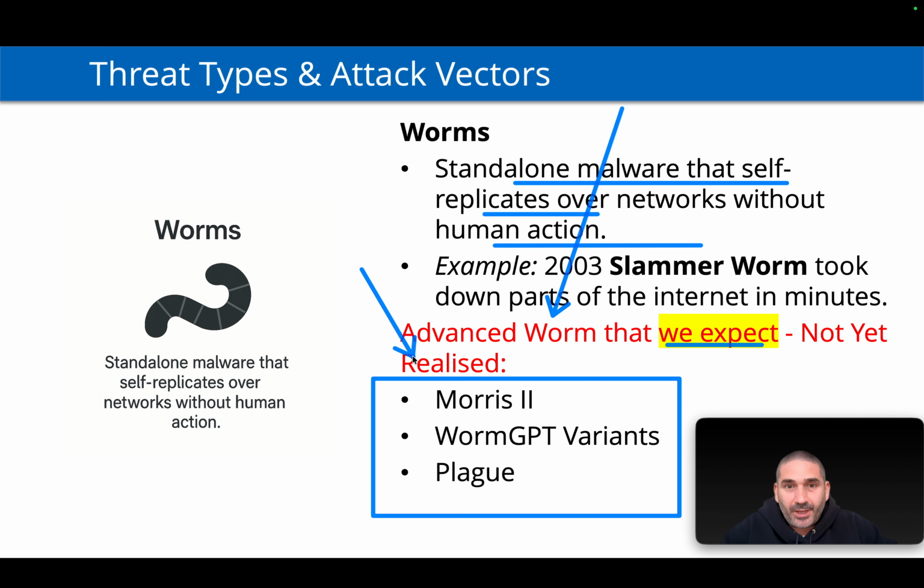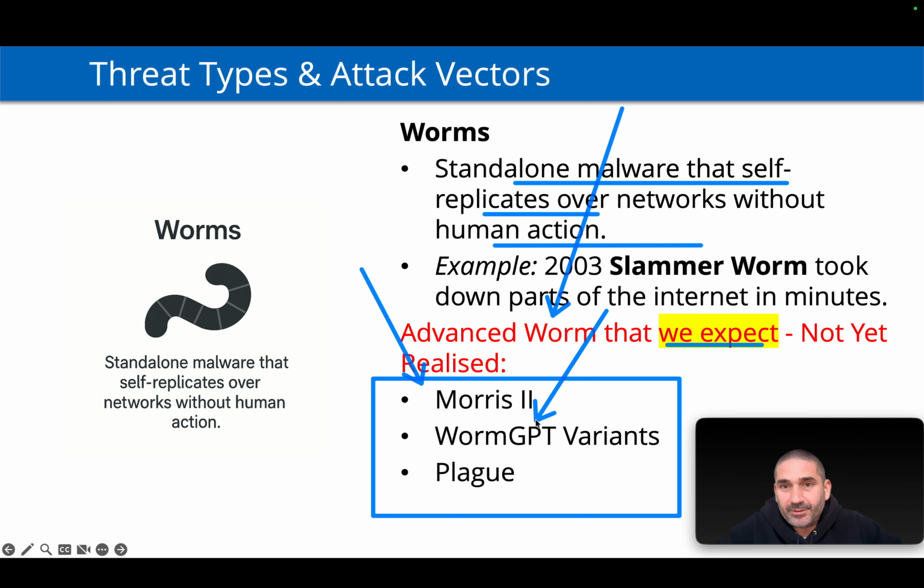Morris 2 is a version of the Morris worm, which was the very first worm, I think 1988. I have it on the next slide. We're also looking at how those very old types of malware can be automated using AI and revived into something more dangerous. WormGPT variants have already emerged.